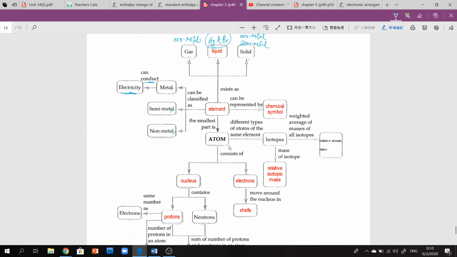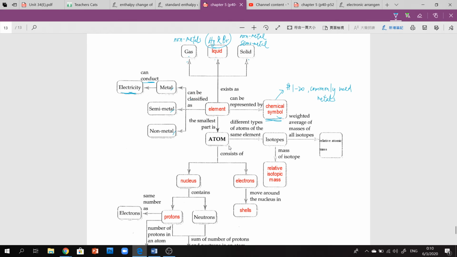The elements can be represented by chemical symbols, so remember the chemical symbols, especially number 1 to 20, and some commonly used metals: gold, silver, copper, iron, and tin. At least you should know that.